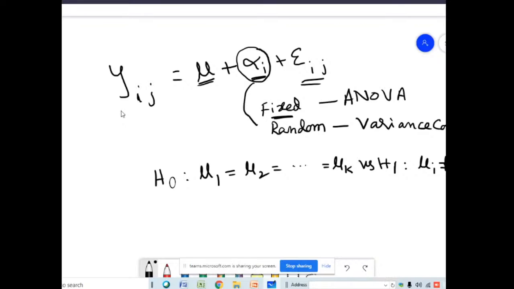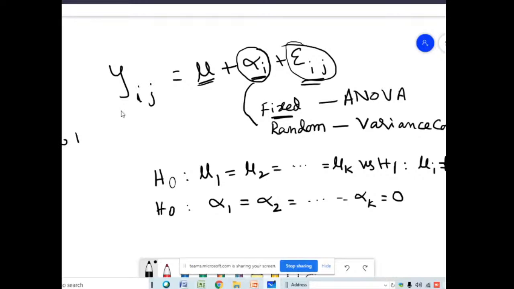The same thing you can also write as the effect of the first group and second group, so on the kth group, the value will be 0. If there is no effect, then the mean values are always equal. And error is always a random component only. The errors generally follow a normal distribution with mean 0 and variance sigma square.